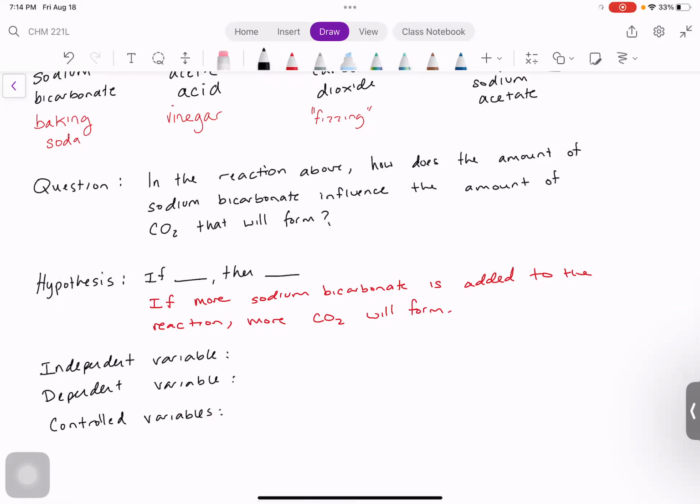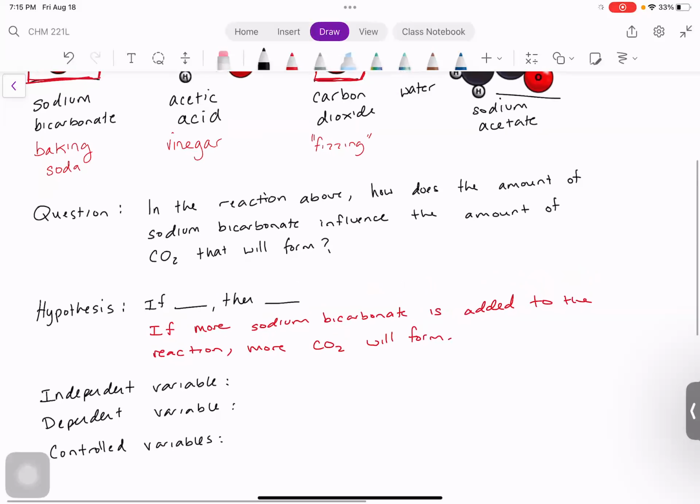So remember, a controlled variable is one that we want to stay the same. The only thing that we should be changing in our experiment is the independent variable. So if we're changing the mass of sodium bicarbonate and trying to see what happens to the amount of CO2 produced, we want to make sure that everything else stays the same.